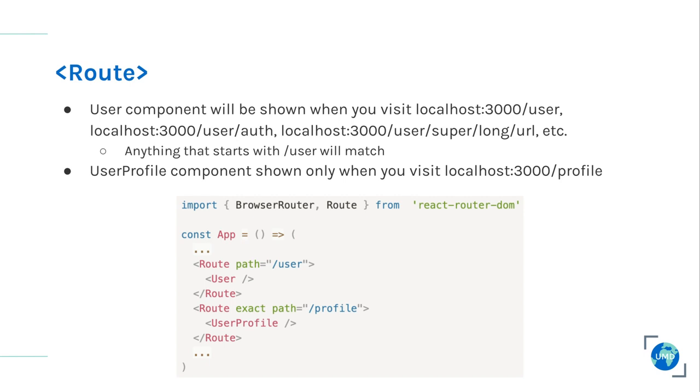So let's say you have a URL which is something like localhost:3000/profile/person or something like that. In that case, the user profile component would not get rendered. It's a little confusing, but we'll clarify more in class and hopefully add an exercise relating to it just to make it a little bit more clear. But I hope it makes sense for now.